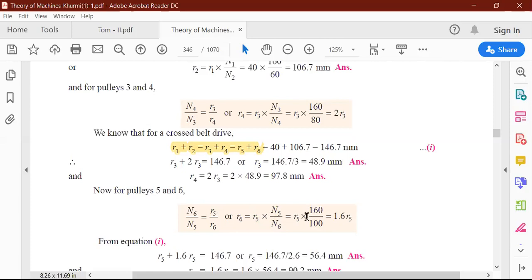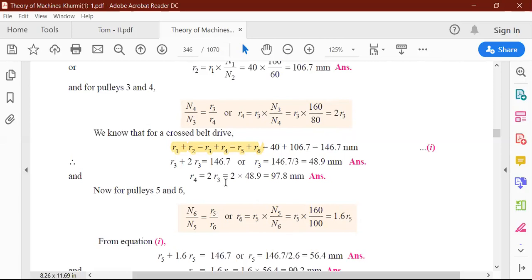So R5 multiplied by 160 divided by 100, that is 1.6 R5. Earlier we got the relation R4 is equal to twice R3; here we get the relation R6 is equal to 1.6 R5.